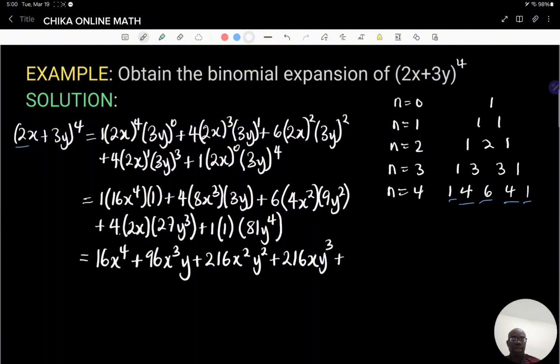Plus, the last term is 1 times 1, which is 1, and 1 times 81 is 81, y raised to the power 4. So this is the expansion of (2x + 3y) raised to the power 4. Now let's take the second example.